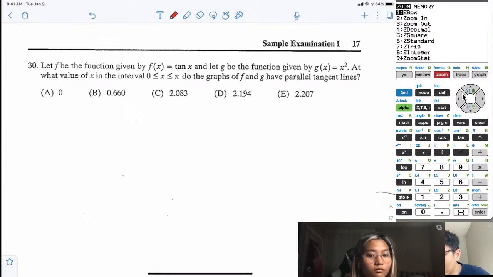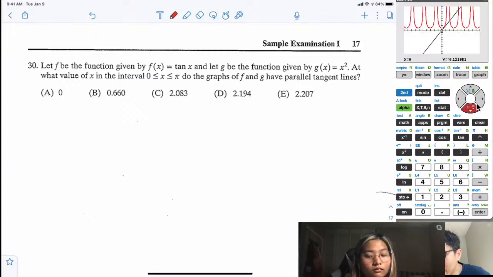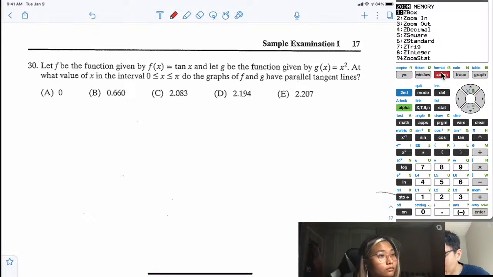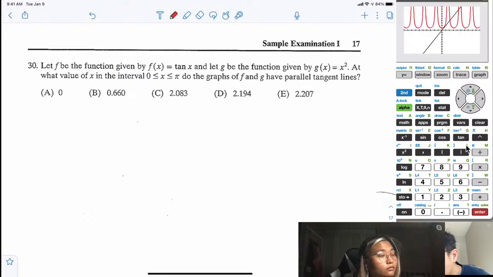And I'm going to zoom in a little bit because I want to see between 0, because of what Adriana says. Oops, it's probably bad. Zoom standard. So if I ever have a question, I can always zoom standard back. And I don't know if they intersect here, but I know they intersect for sure here, right?